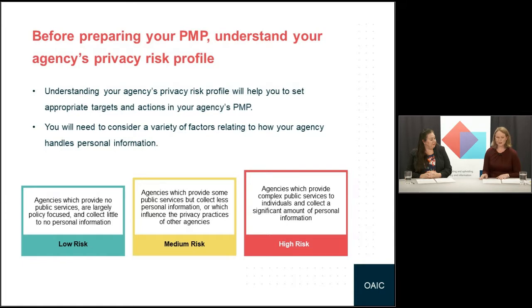While some agencies may not handle significant amounts of personal information, they may have a strong privacy influence and as such a higher risk profile. That is, they may shape the personal information handling practices of other agencies due to their role in policy setting or delivering technology or services. For those who are wondering, as the National Privacy Regulator, we consider ourselves to have a high privacy risk profile. You can find out more about setting a privacy risk profile in our PMP guide.